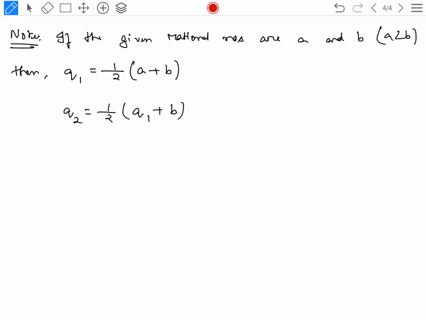Then q2 you can find as half into (q1 plus b). This is q1. Understood? q3 you can write as half into (q2 plus b). So in this way you can continue. Understood? In this way you can find as many rational numbers as are required and so on. This is one of the concepts that we have learned from the previous example.